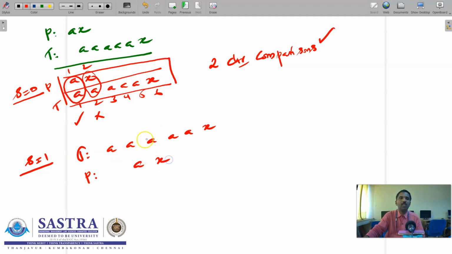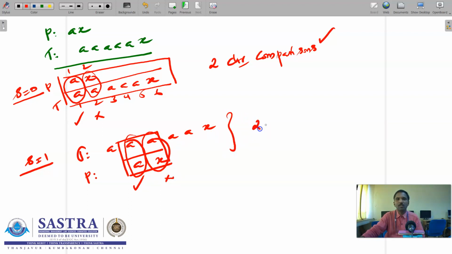So here AX. In this stage, A and A match, A and X mismatch. This results in a mismatch. So here two character comparisons are performed in shift S equal to 1.